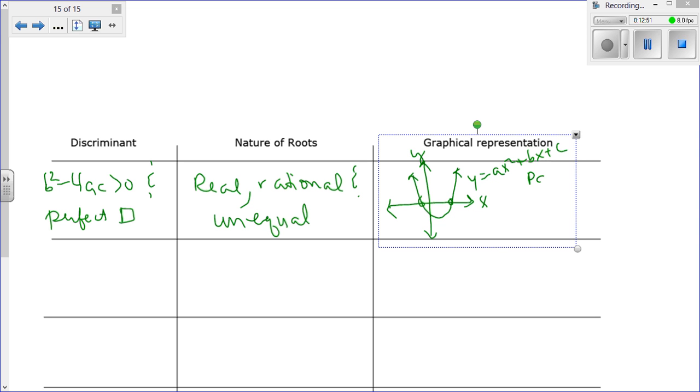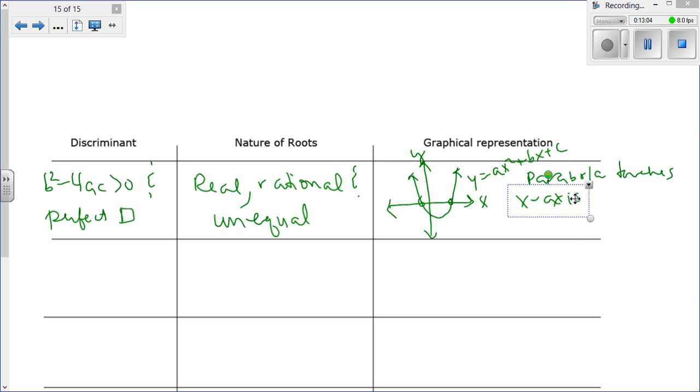So my parabola touches the x-axis in 2 places that are integers.